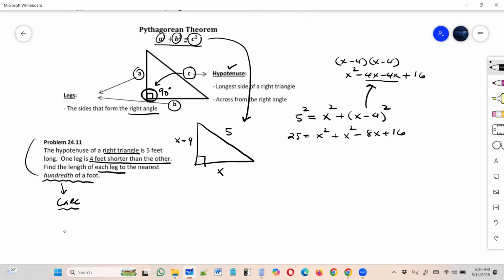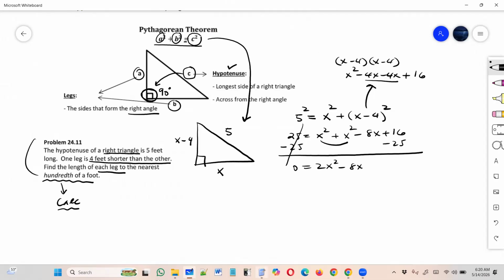Okay, I can see at this point that I have a quadratic, which I need to make equal to 0. So I'm going to do minus 25 on both sides. I'm going to get 0 here. I'm going to get 2x squared minus 8x. And I have to do positive 16 minus 25.